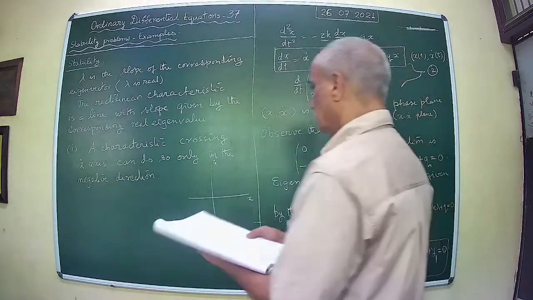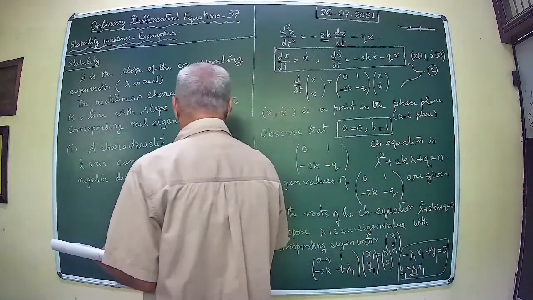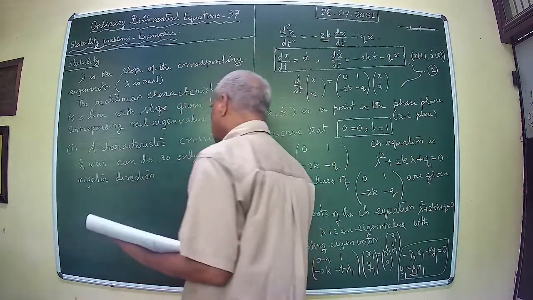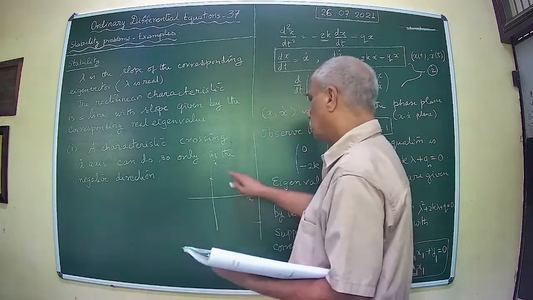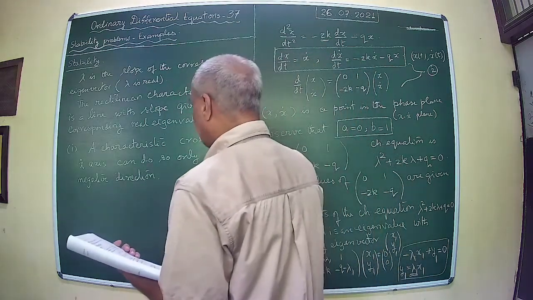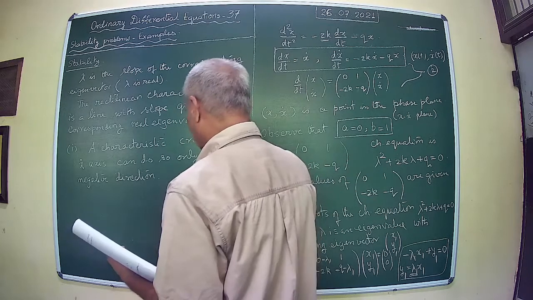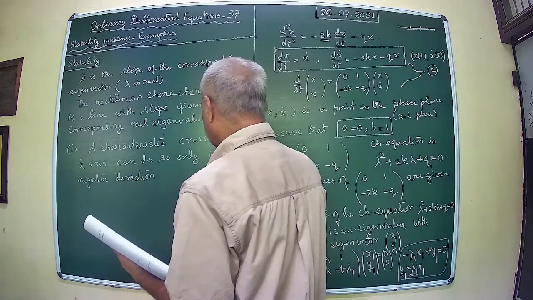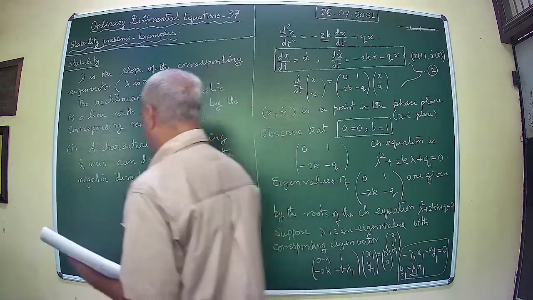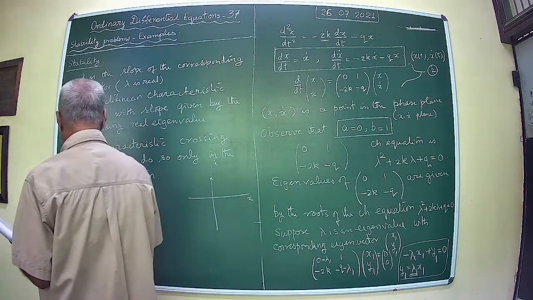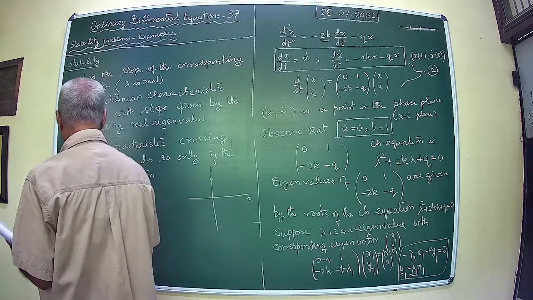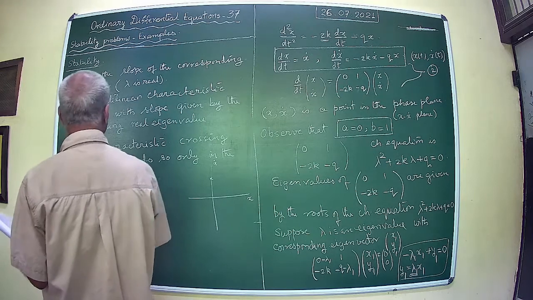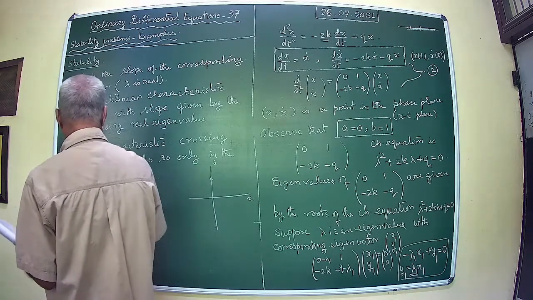Okay. Now let us take a point here which corresponds to a positive value of x dot. Okay. In that case, what you have is this dx dot by dt. Okay, what do we have?